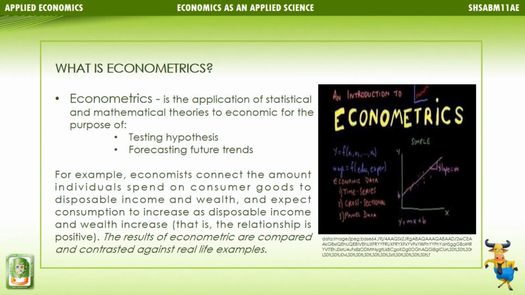What is econometrics? Econometrics is the application of statistical and mathematical theories to economics for the purpose of testing hypotheses and forecasting future trends. Example, economists connect the amount individuals spend on consumer goods to disposable income and wealth, and expect consumption to increase as disposable income and wealth increase.